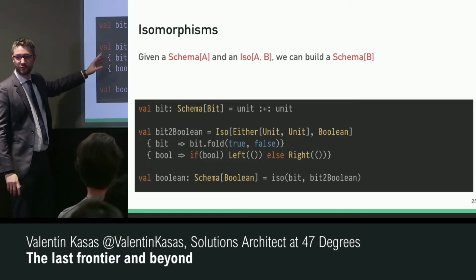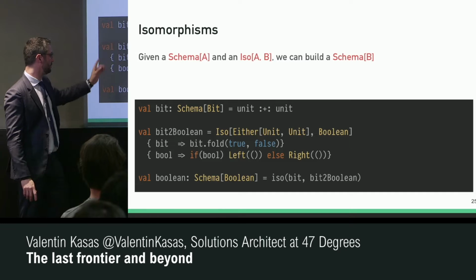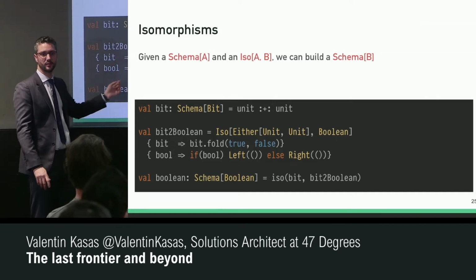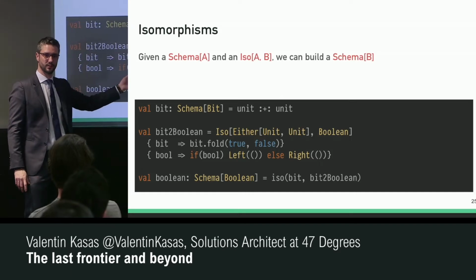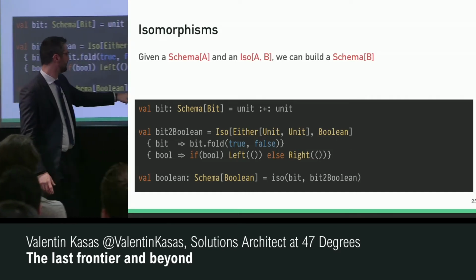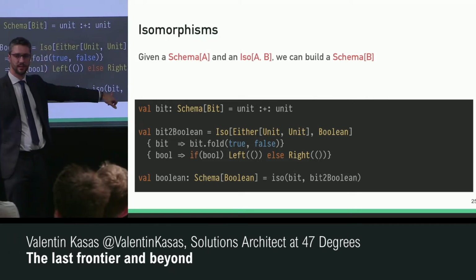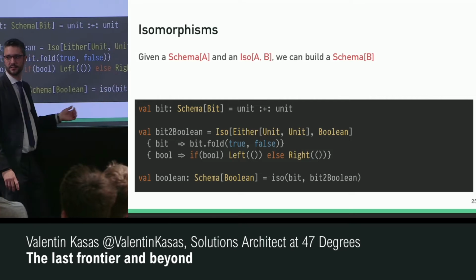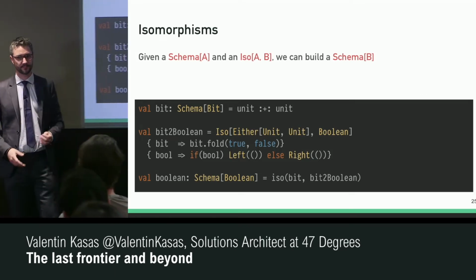And that's it. It's just two functions. One to go from either unit to Boolean, and the other one from Boolean to either unit. And that's it. Now I wrap my bit schema defined here with the isomorphism, and I get a schema for Boolean.